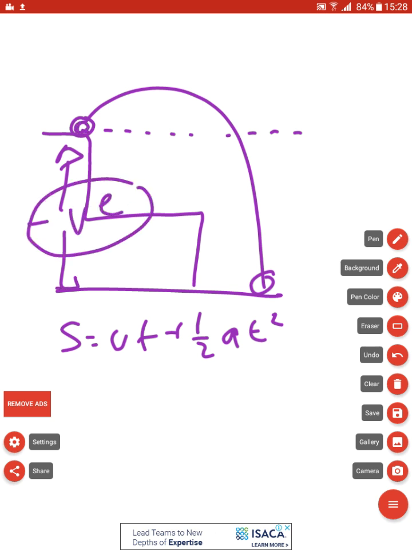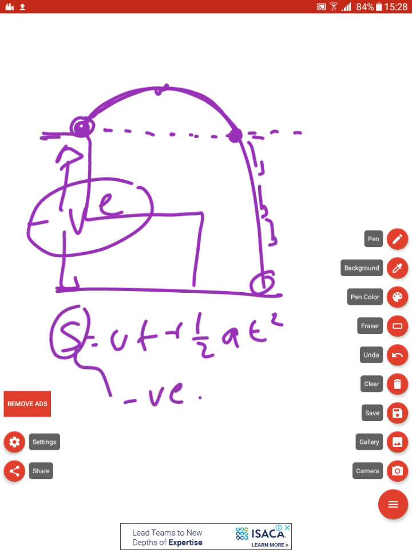Why? Because if the object is moving up, the displacement is positive. When you come back to the original place or parallel to it, the displacement is 0. When you are moving down, the displacement starts to be negative according to this reference.